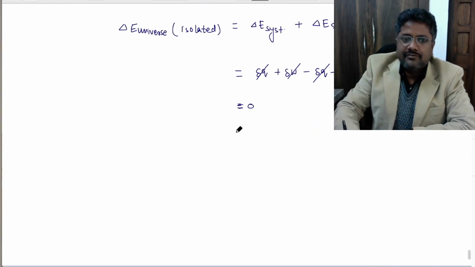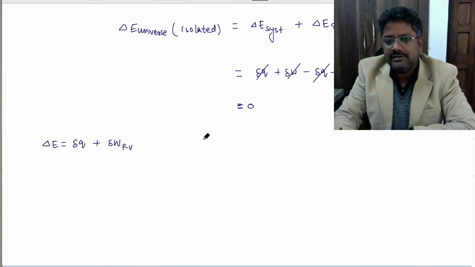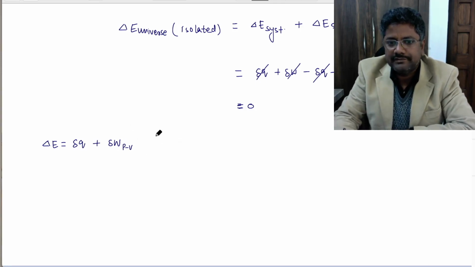Now see, we have one formula for delta E. Delta E is equal to delta Q plus delta W PV, right? Pressure volume work. Okay.